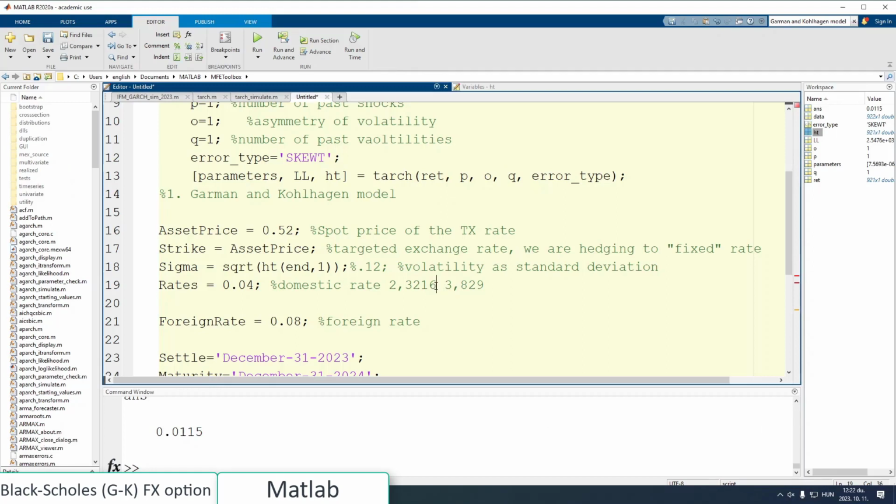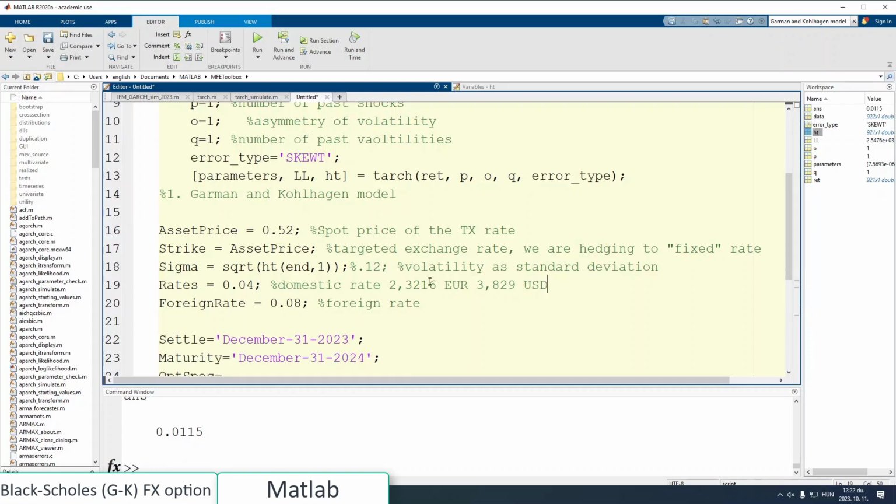This is for the euro, this is for the USD, but we should never forget that these are percentages. To make them work, we need zeros in front of them, otherwise we are calculating 300 percentages.